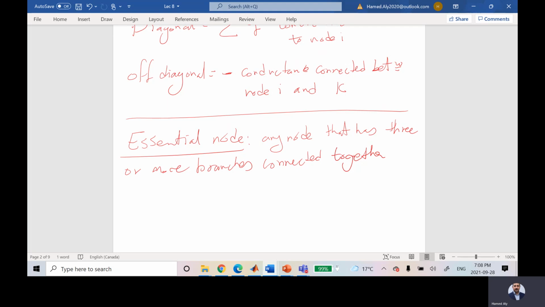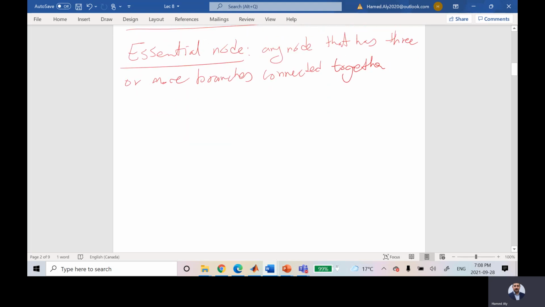Today, I'll talk about something else which is called supernodes. Supernode is what? Imagine I have 2 different nodes, and in between I have a voltage source. We are calling these 2 nodes supernodes.